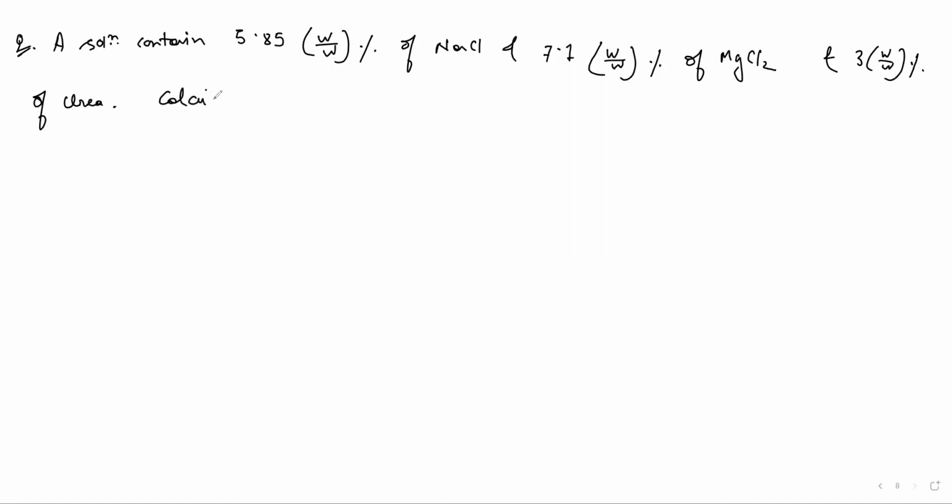Calculate the boiling point of the solution. Quickly solve it, giving you 3 minutes time. This is the second last problem. After that, only one question left. Quickly solve it.